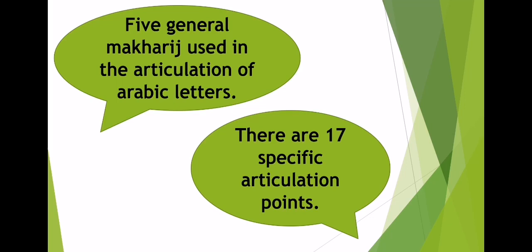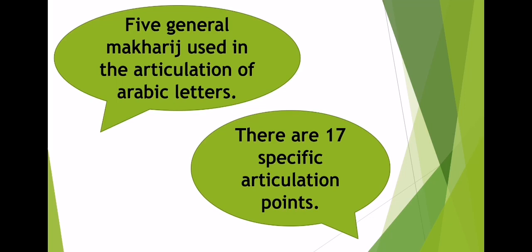That means if I say the hamza is coming from your throat, you will be confused about exactly where in the throat the hamza is coming from, right? So we can say the throat is the general makharij of the hamza.